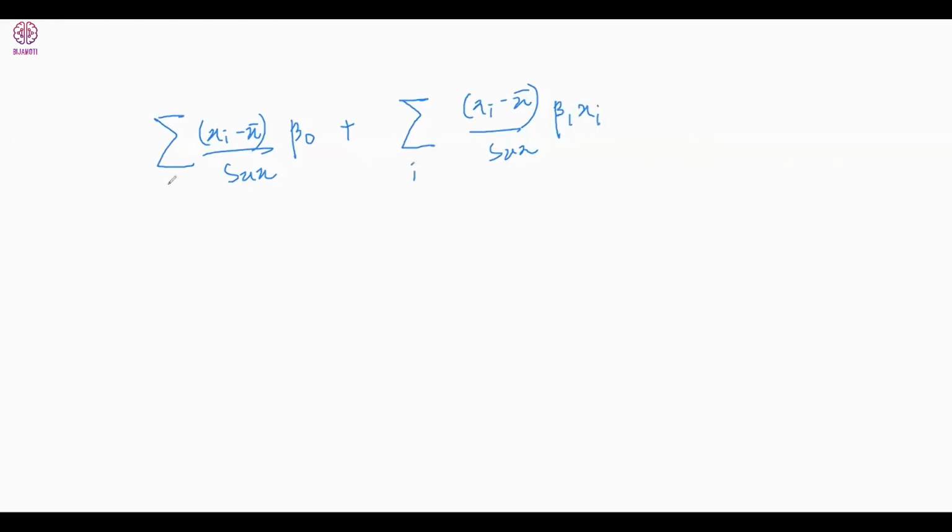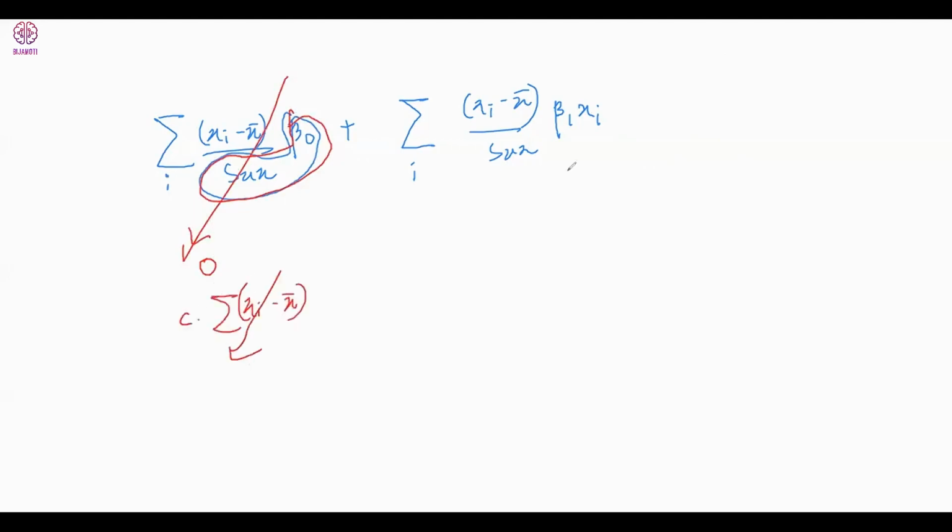Observe that beta naught is constant, right guys? So this goes to 0. It's constant into summation of (xi minus x bar), so it's 0. What about this? Observe this very carefully. We get beta 1 outside, and we get summation of (xi minus x bar) times xi by Sxx.